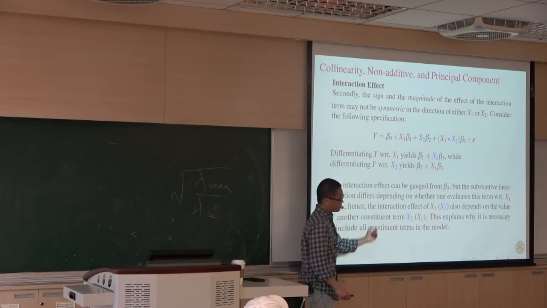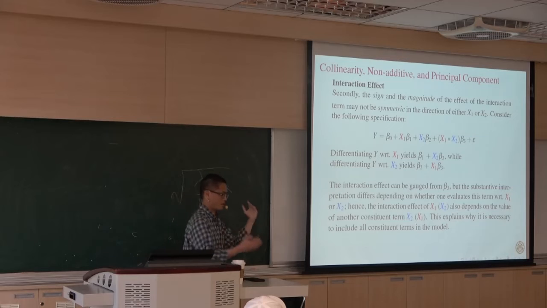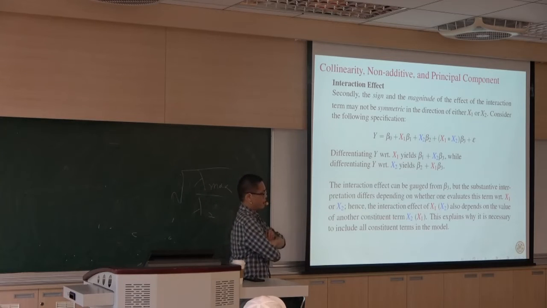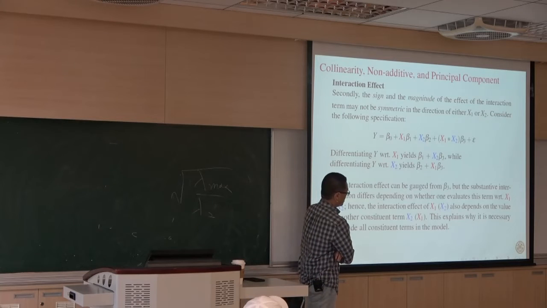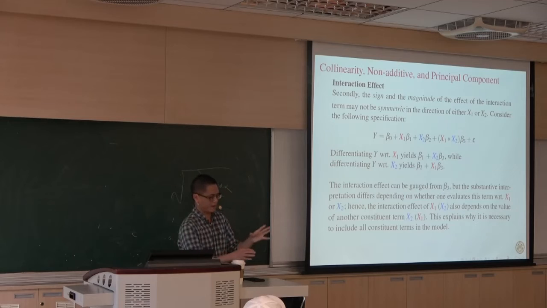Okay, so it would be best if you can plot this out visually in a graph. For R, I'm not so sure, but in Stata we have a package on this. You can actually plot it out.